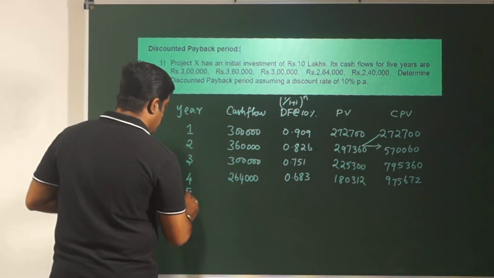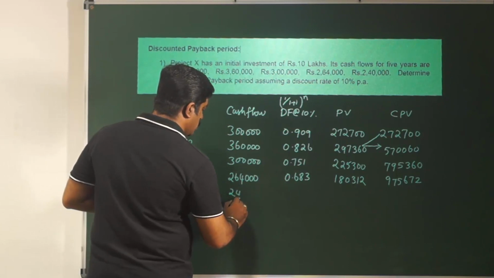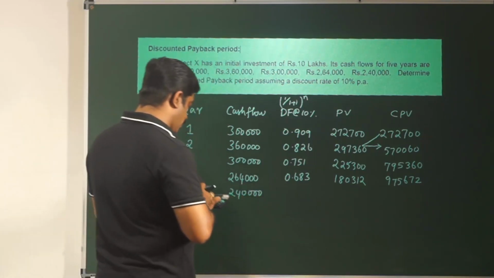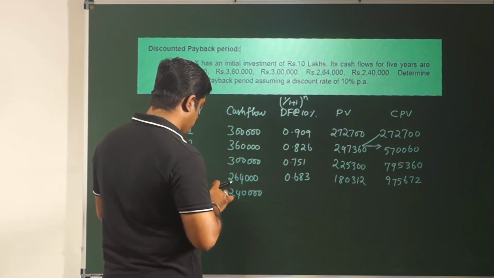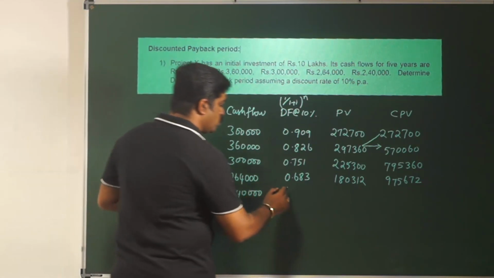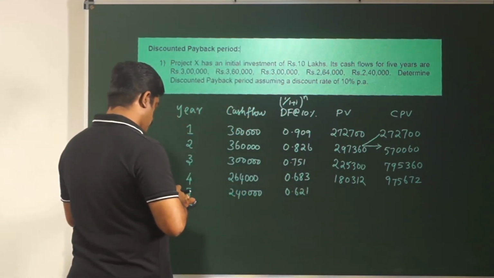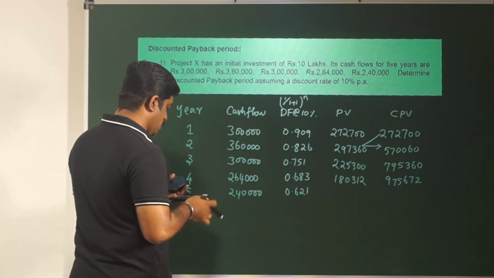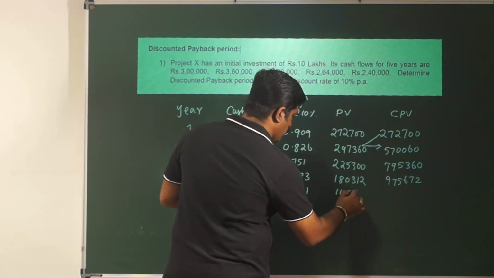In year 5, the cash flow is 240,000, and the discount factor is 1 divided by 1.1 to the power 5. So we get 0.621. 0.621 multiplied by 240,000, we get 149,040.